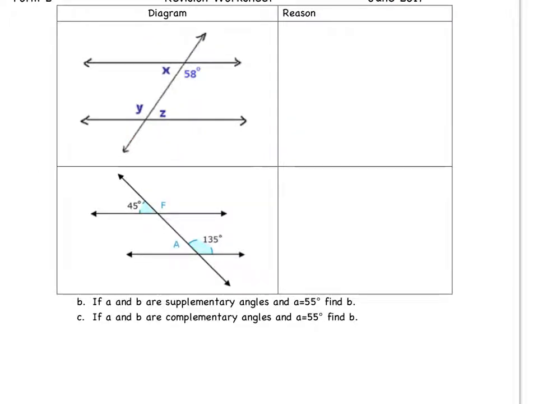Okay, in this question, we know that Y would be 58 degrees, and that is because Y is the alternate angle to the 58 degrees, right?